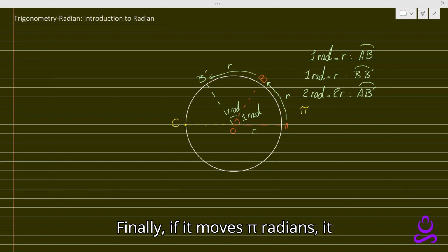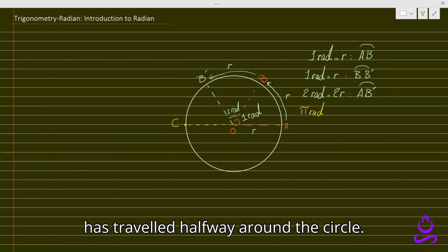Finally, if it moves pi radians, it has traveled halfway around that circle.